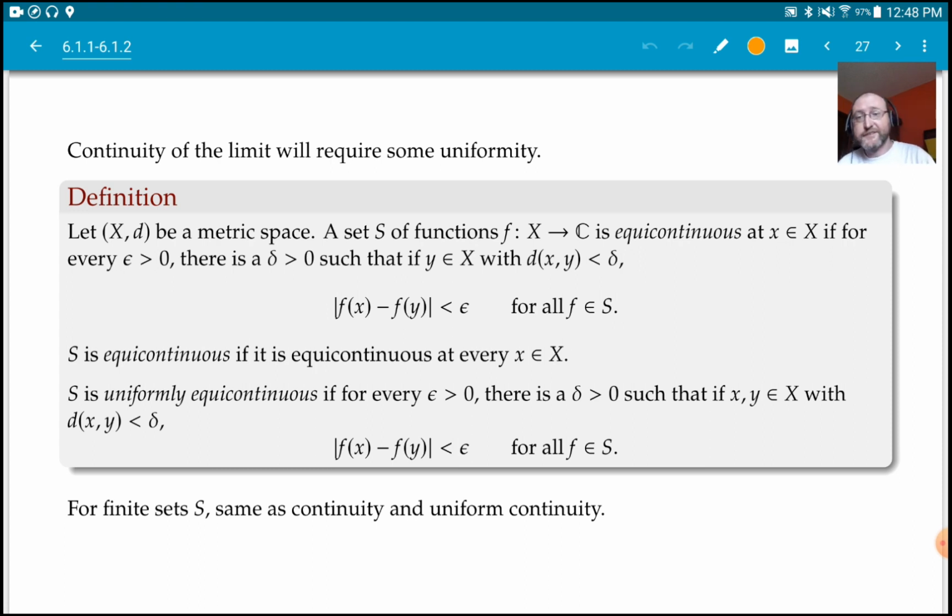And similarly, a finite set of uniformly continuous functions is uniformly equicontinuous. But for infinite sets, that's no longer true. For a finite set S, if you have finitely many deltas, you can take the smallest one. But if you have infinitely many deltas, the smallest one could be 0, or the infimum could be 0. So you can no longer just take the infimum of the deltas to get something positive.